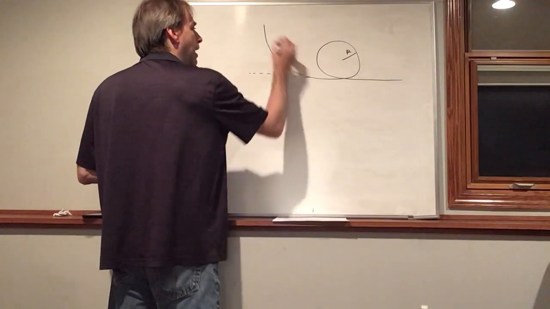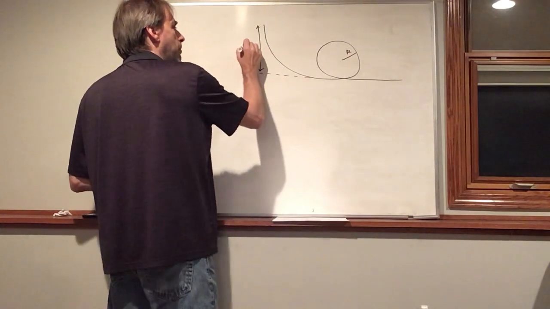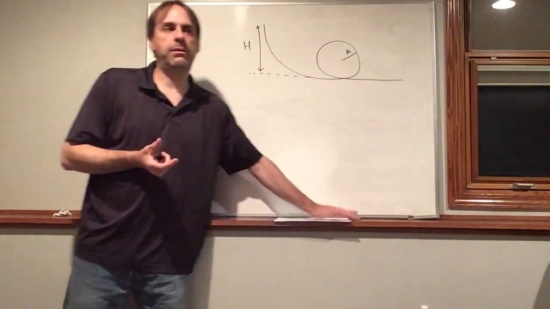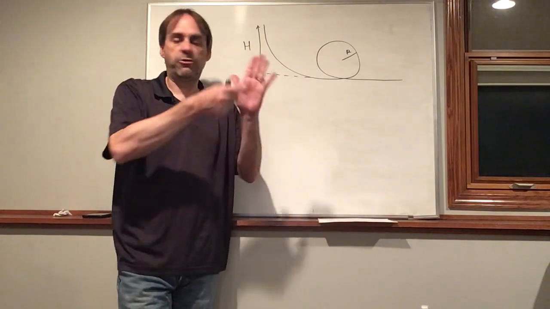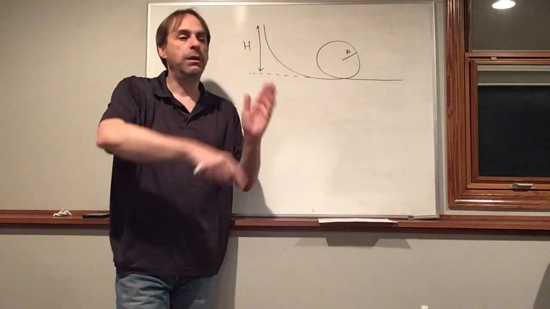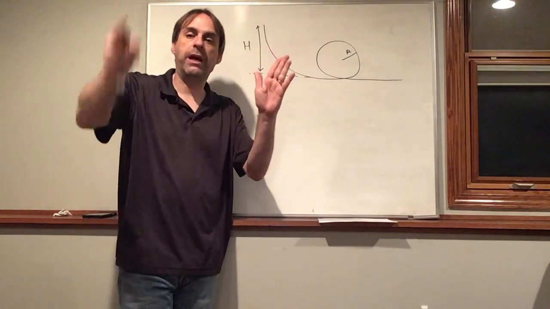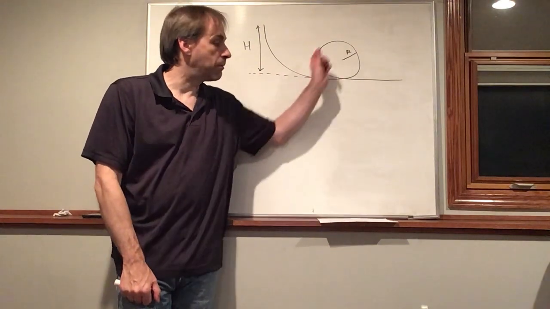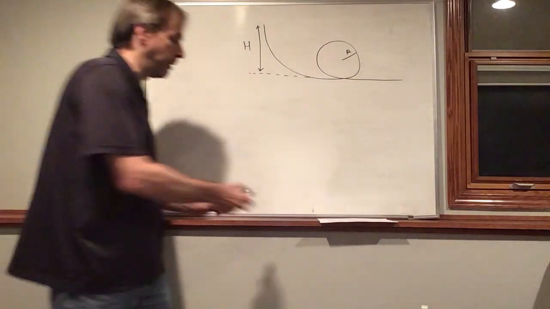And from the ground, this distance is h. So you can picture, maybe you've seen a toy where you've got this track and you can put a car on it. And you can build things like this where it'll roll down the track, and then if it's going fast enough, it'll loop around the track without falling off. So, well, yeah, let's read the problem.